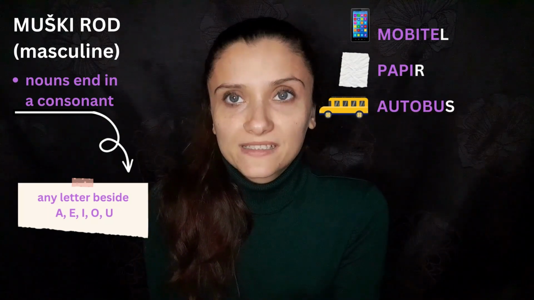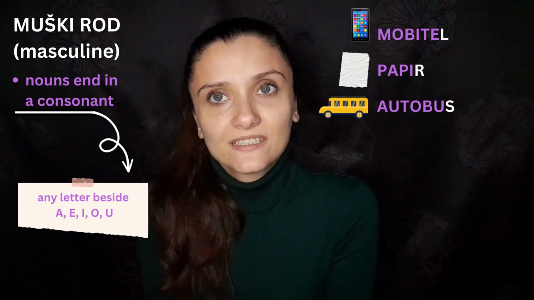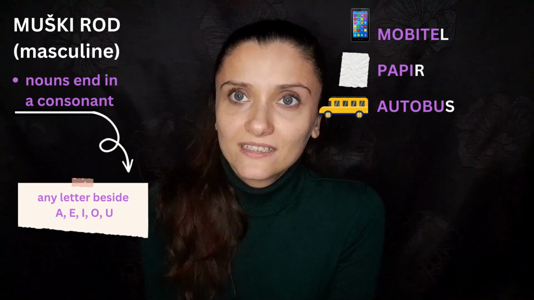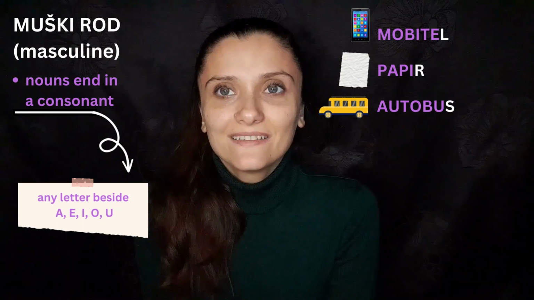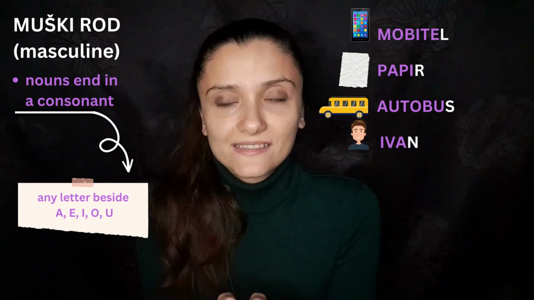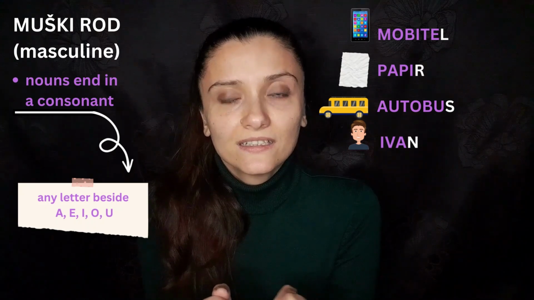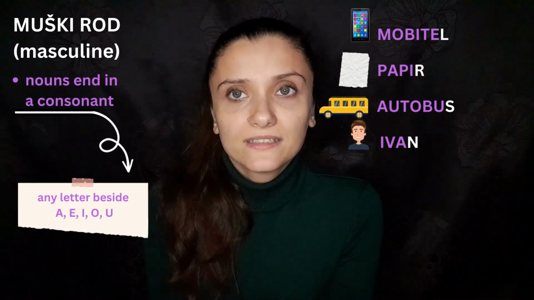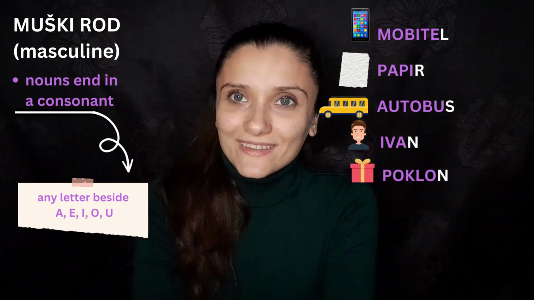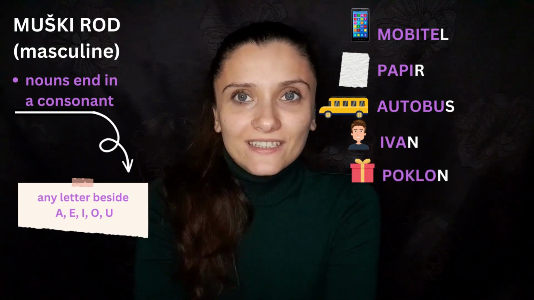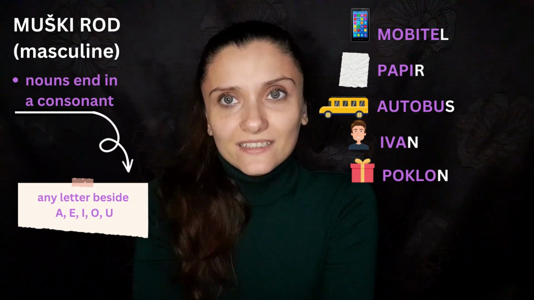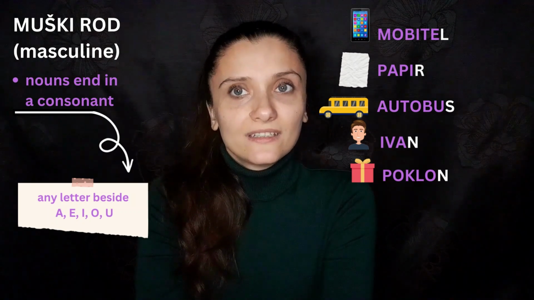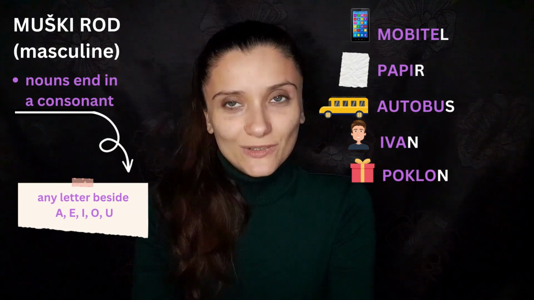Autobus, bus, ends with s, again a consonant, MUŠKI ROD. Ivan ends with n, so again a consonant, MUŠKI ROD. Poklon, gift, ends with n, again a consonant, so it's MUŠKI ROD.